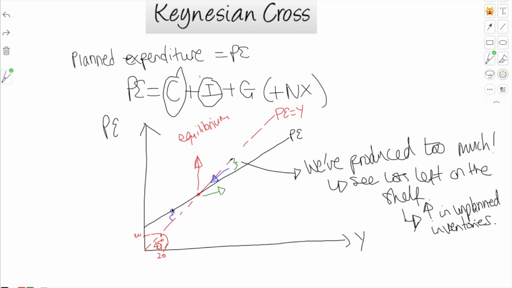And what's happening here is that what we're producing is lower, so the red line is lower than the black line. So we're producing too little. And that would be obvious because if I had stock on my shelves, I would find maybe lots of empty shelves, selling out very, very quickly.